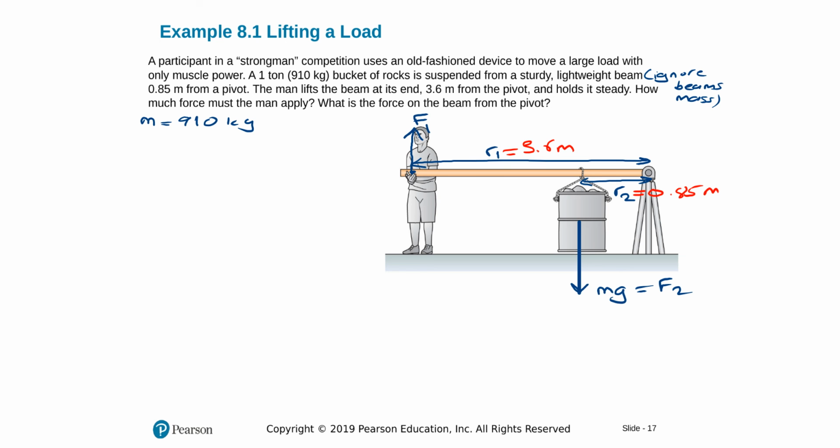He holds it steady. That means the guy is trying to rotate the system clockwise here. And mg, the weight, is trying to rotate it counterclockwise. And these two torques cancel each other. So I'm going to redraw this again here.